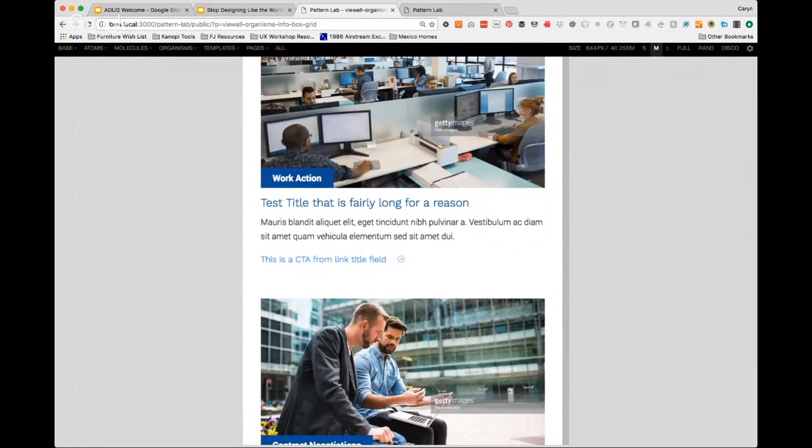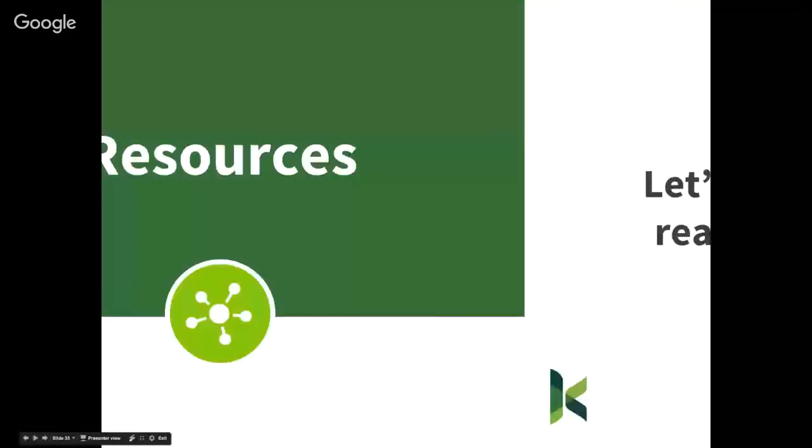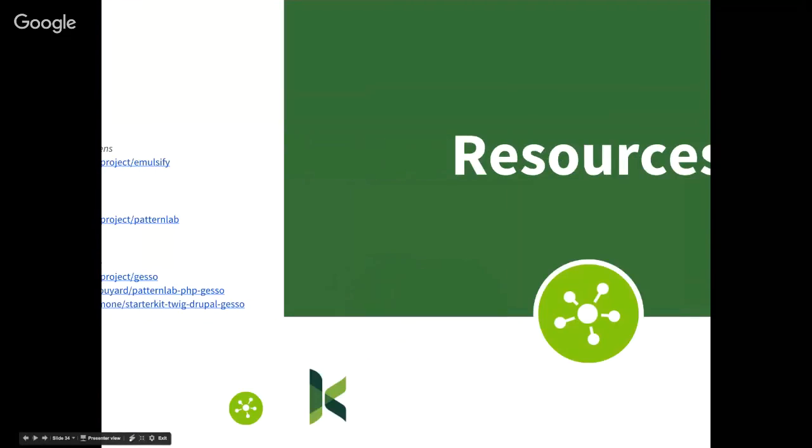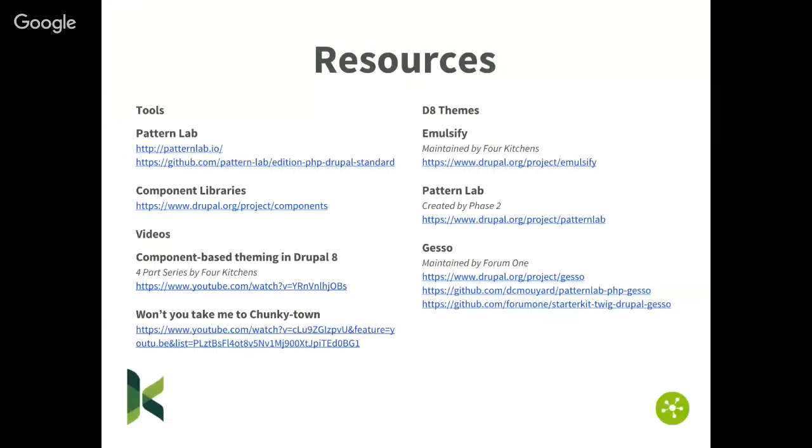Okay, and let's see what else do I have. Resources. This is my favorite part. So we have tons of resources. I didn't put all of them up here, but some of the ones that I have lived by, obviously, is Pattern Lab.